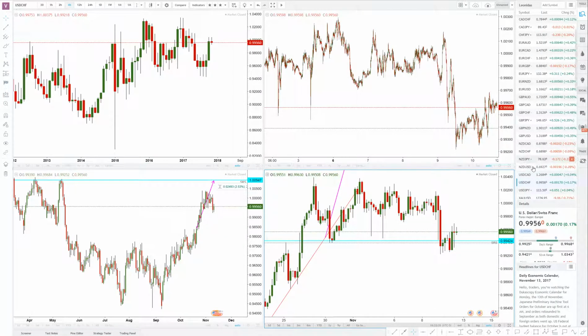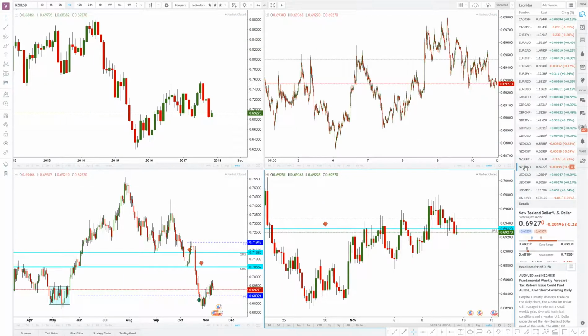We said that NU was going to go down, and it did not reach that SRS level there, but from the 5th, it moved up, and now it's trying to reverse down.